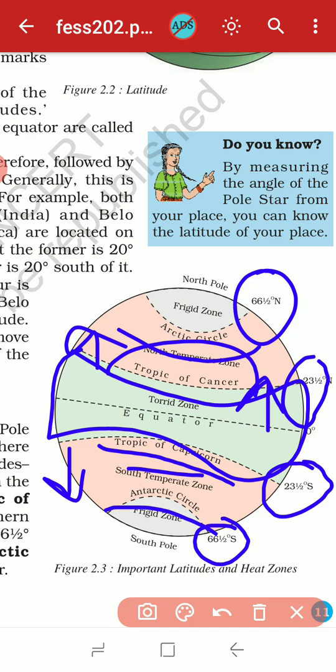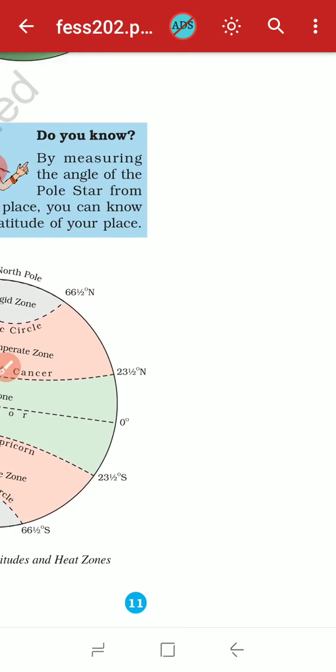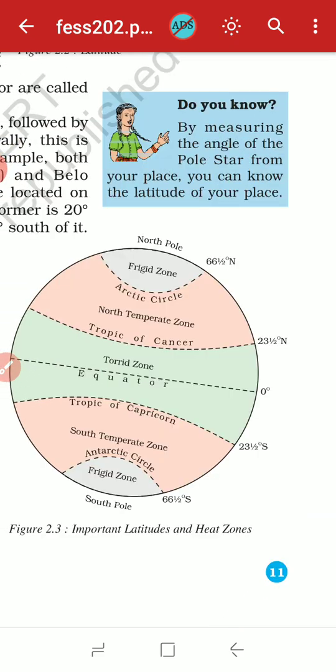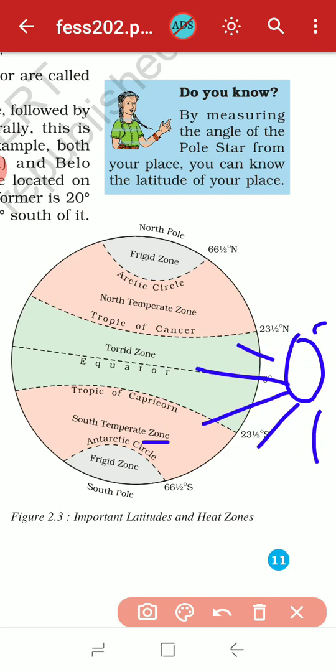Later we are going to study the heat zones. As we can see in figure 2.3, the sun rays come directly here. Here is the sun, and you can see the sun rays directly contact the equator.